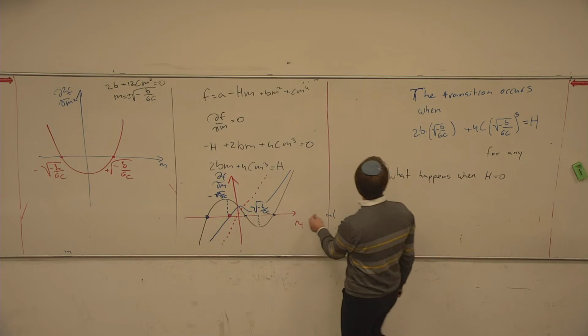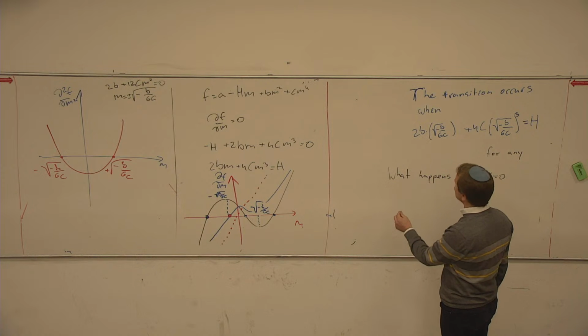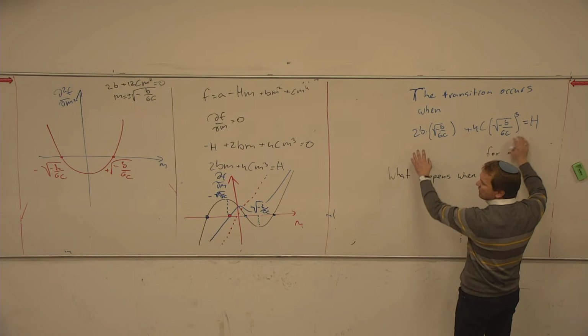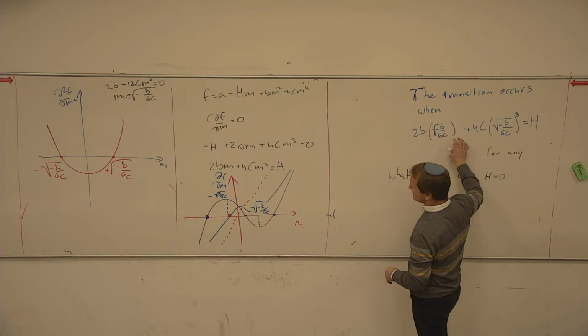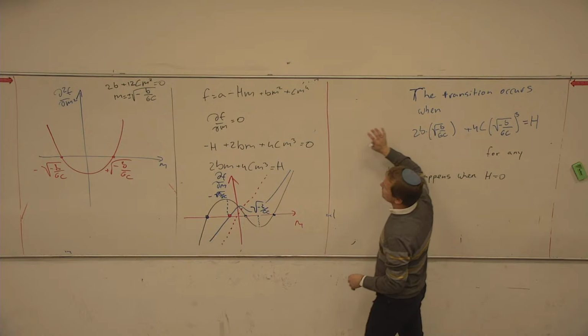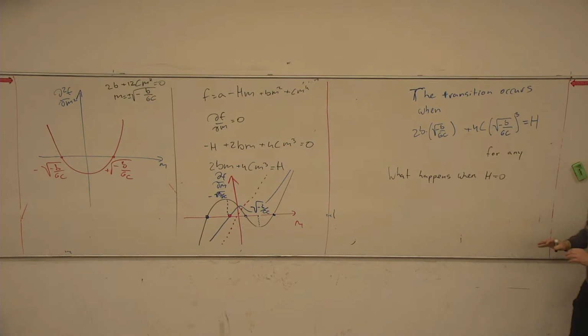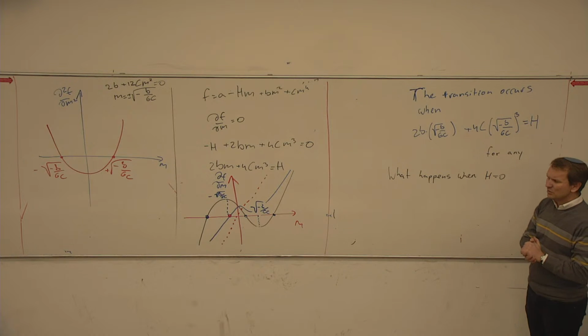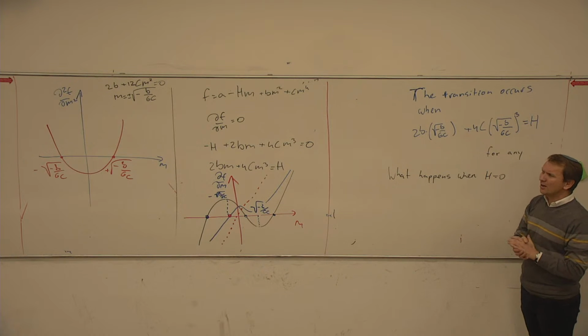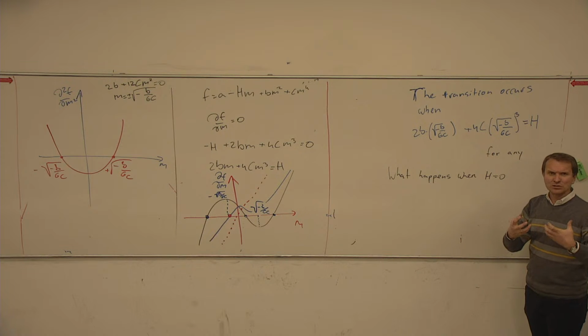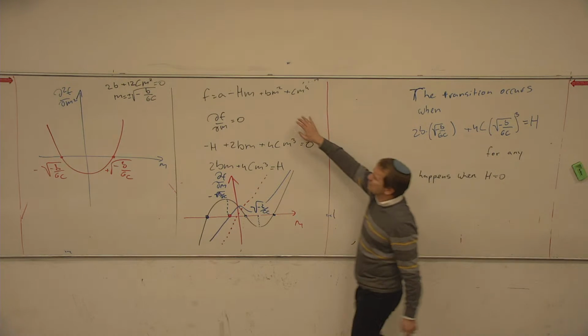We can check it, submit the zero point into this equation, and find all the different parts that we need. But what happens when h equals 0? Because the second order phase transition was interesting. We already understand the different behaviors of F as a function of h.